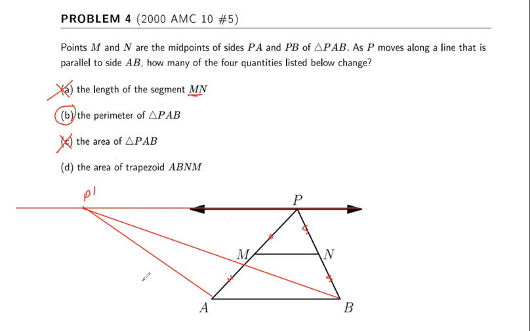So P prime AB and PAB have the same height and the same base, so they still have the same area.